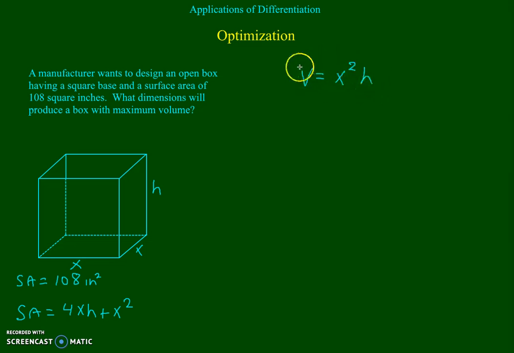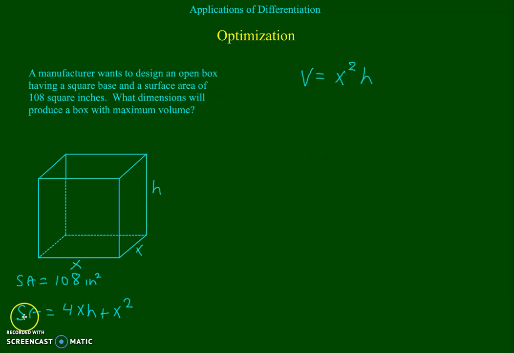So I would ideally like to get one equation in terms of one variable. Since I have two equations in terms of x and h, the most logical thing to do would be to come down to this surface area equation, solve it for one of our variables, substitute that result in here, and differentiate. So that's what we're actually going to do now.